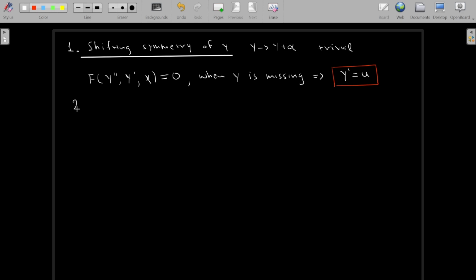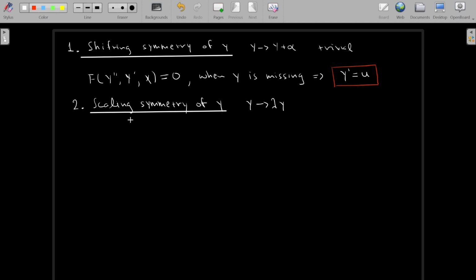Now, secondly, we have scaling symmetry of y. Scaling symmetry is again taking y and multiplying it by a constant, let's call it lambda.